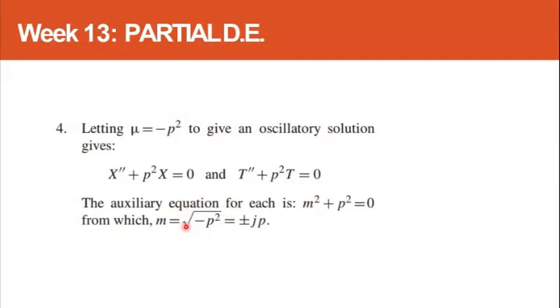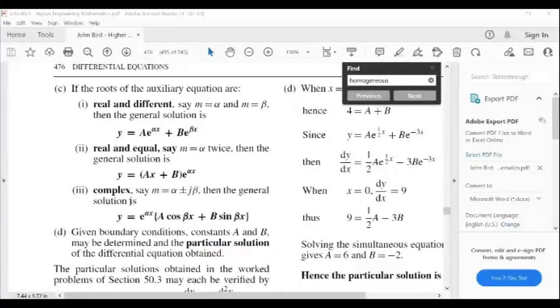Naka-negative square root, tapos may negative sa loob. Hindi natin kagad makukuha yung value ni m, di ba? So therefore, dun siya papasok kay complex, which is, balikan ulit natin si complex. So yung category natin ng complex is, itong m is equal to alpha plus minus jb, or itong formula na to. So tama ka dun tayo sa complex papasok.